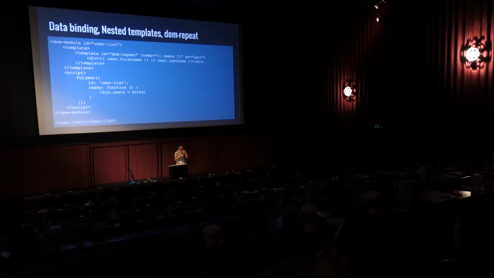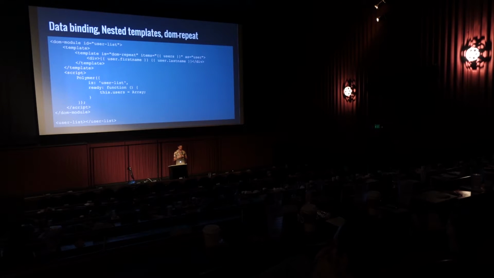In our template tag, we're using another template tag to utilize a DOM repeat functionality. So this template tag, we give it an is attribute of DOM repeat, and this immediately tells Polymer that you're going to loop through something. So again, the same thing we already use in other frameworks, but now used as an attribute in Polymer, eventually built into the browser. So we call it DOM repeat.